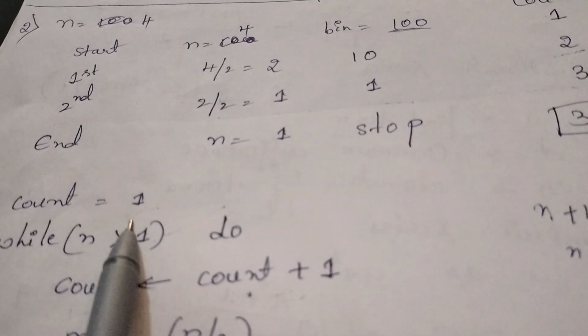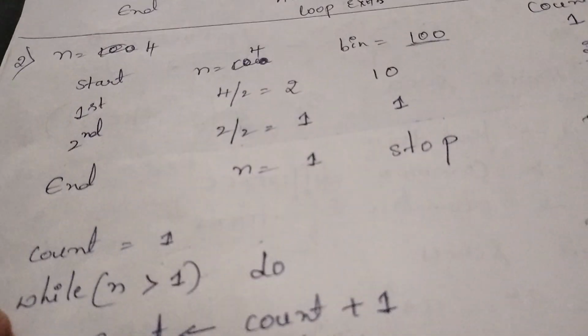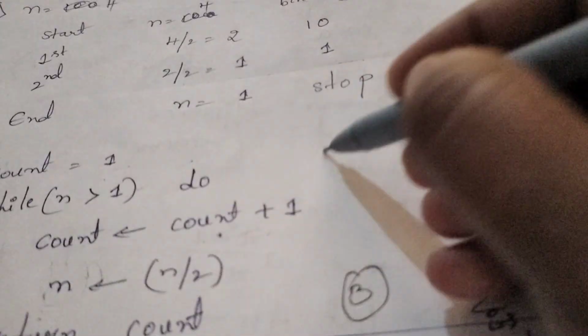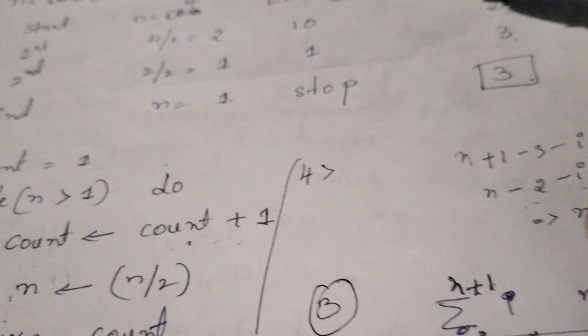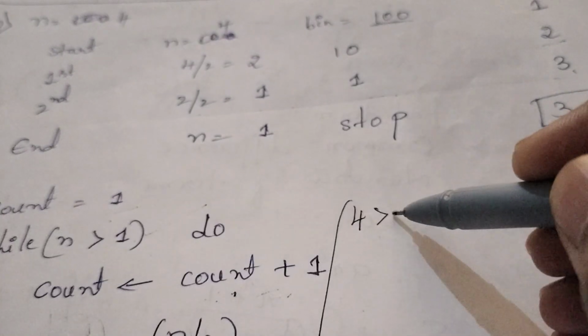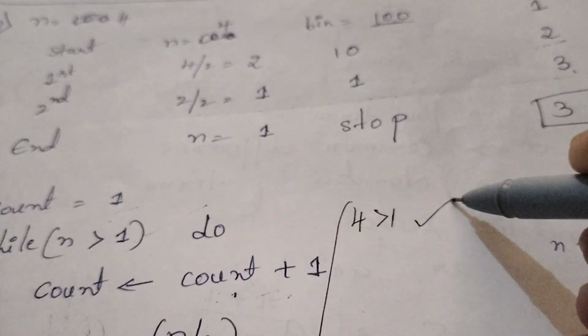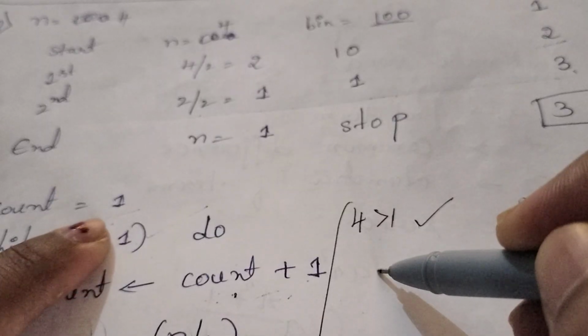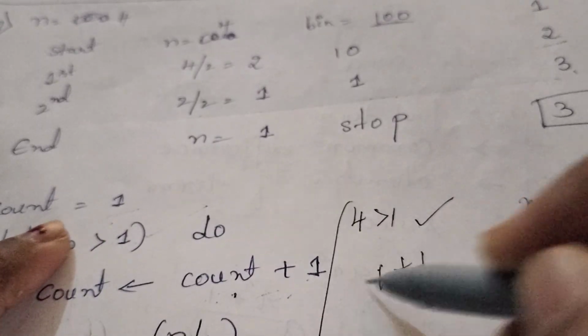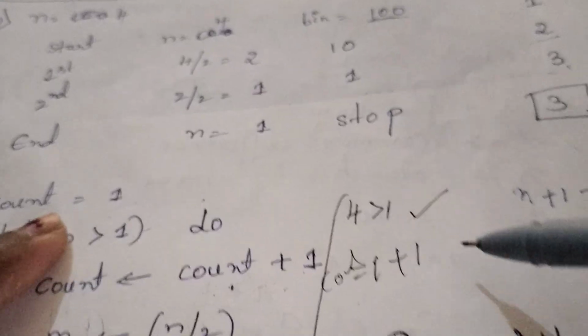You should take the initial value of count as 1 and assume that the initial value of n is 4. Is 4 greater than 1? The condition is evaluated to true. Increment the count value. The previous value of count is 1; 1 plus 1 is the updated value of count, that is 2.